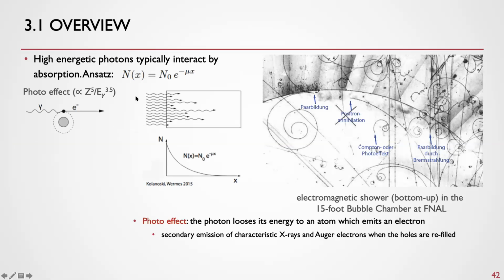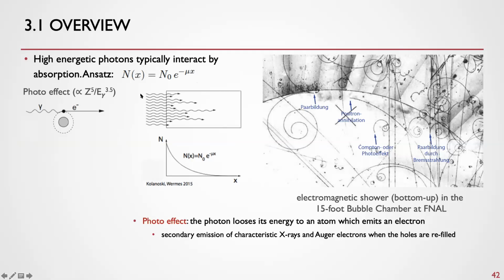We already said in the beginning of the morning lecture today that for highly energetic photons in material, they can interact by absorption, and if it's absorption, we get an exponential reduction of the particle multiplicity versus the penetration depth in the detector.